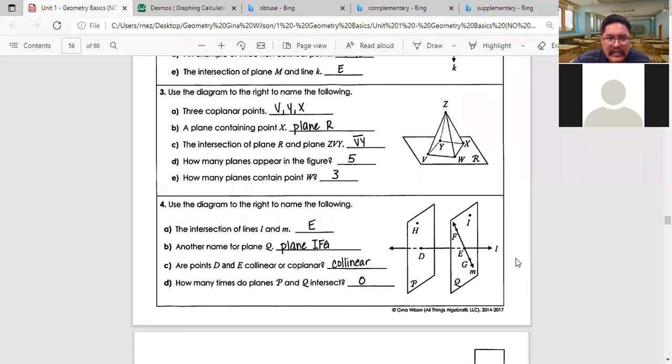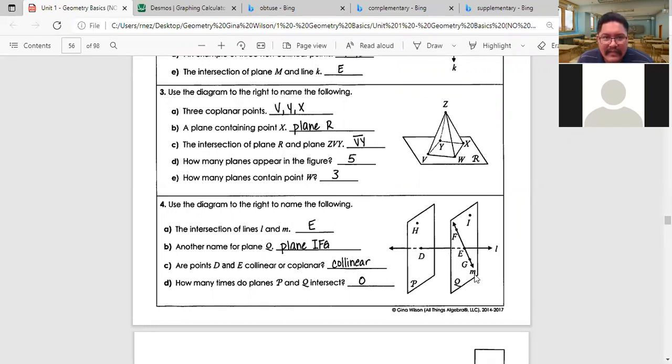Use the diagram to the right to name the following. So number 4, the intersection of line L and M. There's L, it's this one here that's kind of going through both of these. And then M, this long line up here. Now, there's a couple of things going on with this, and that is these 2 planes look, to me, parallel.